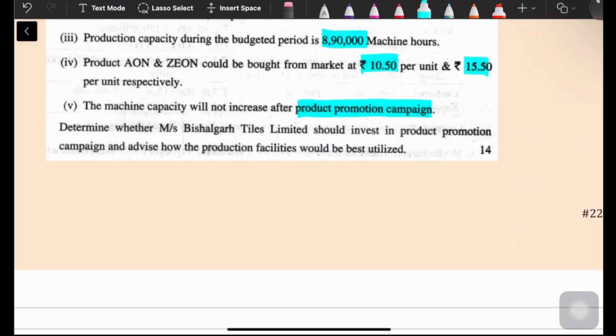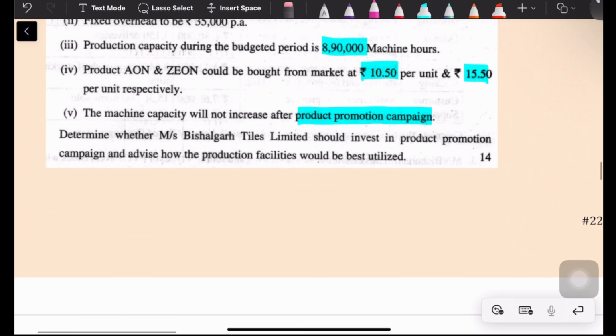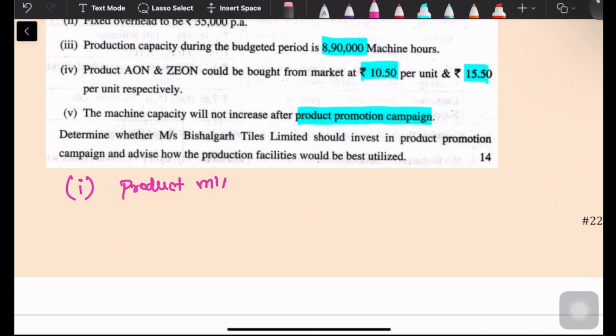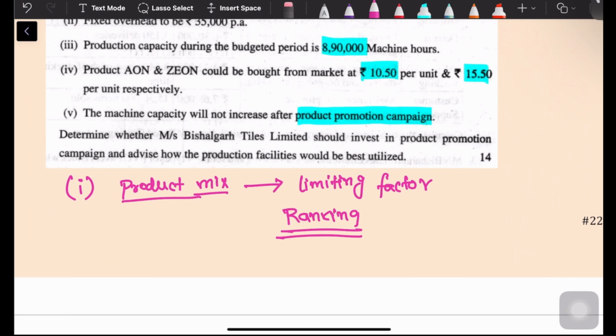Determine whether Bishalgar Tiles should invest in the product promotion campaign and advise how the production facility would be utilized. So what is to be found out? 1. Product mix. How will you find out? This is limiting factor based, so you have to find out the ranking, contribution per machine hour.